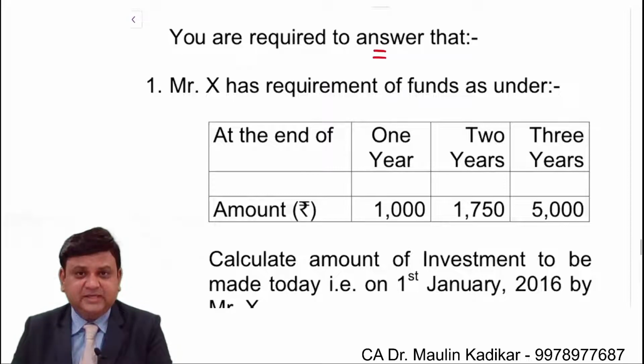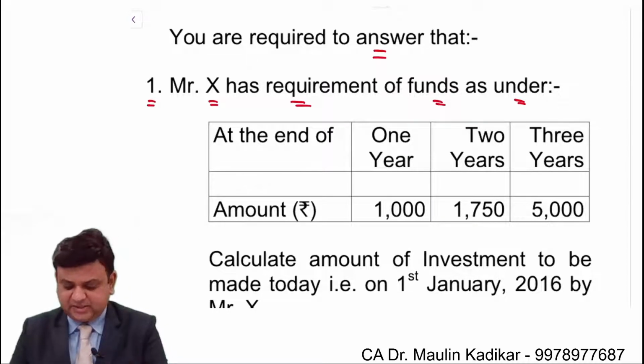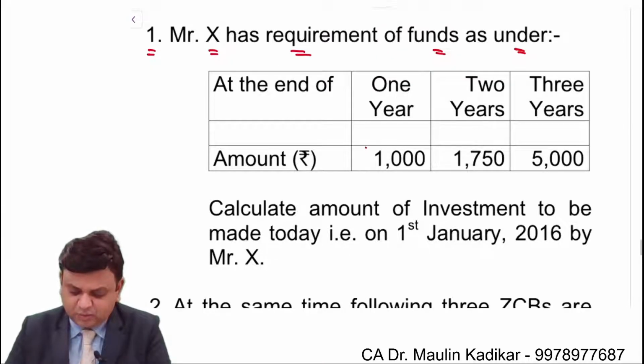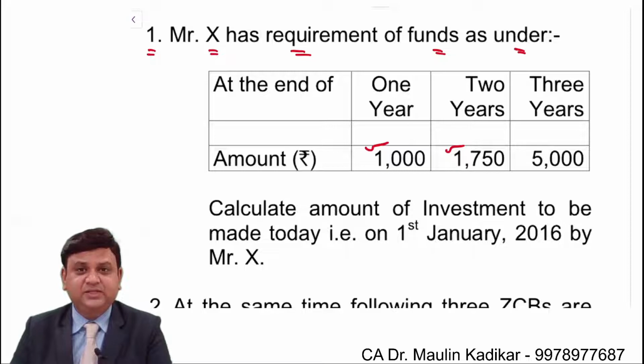You are required to answer that. 1. Mr. X has requirement of funds as under. Mr. X requires 1000 at the end of the first year, 1750 at the end of the second year, and rupees 5000 at the end of the third year.